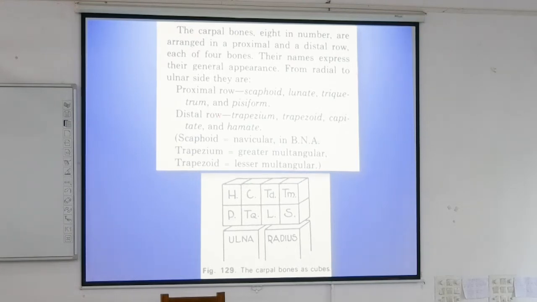Now, the distal row: trapezium, trapezoid, capitate and hamate. You just draw in your notebook and label them.